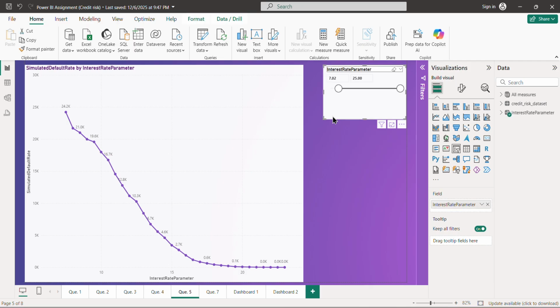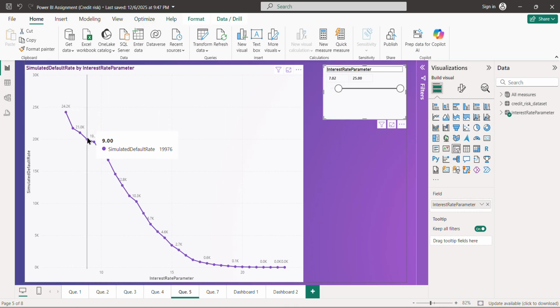So I chose 7%. This shows if the interest rate rises to 7% or more, how many defaults there will be. As I have applied the filter from 7% to 25%, if we see here at 7%, we have approximately 24,000 people who have defaulted, meaning they are not able to repay their loan or stop paying altogether.